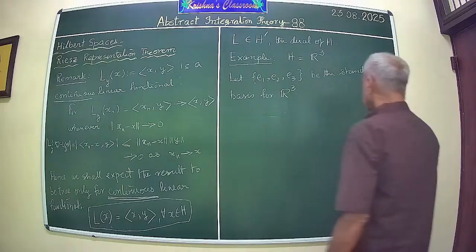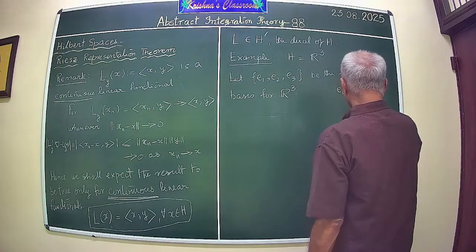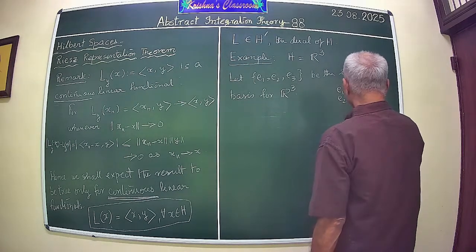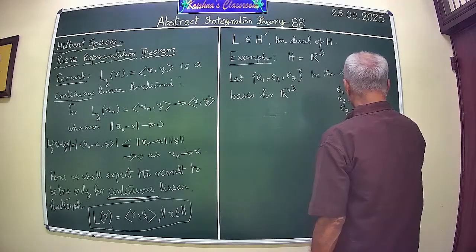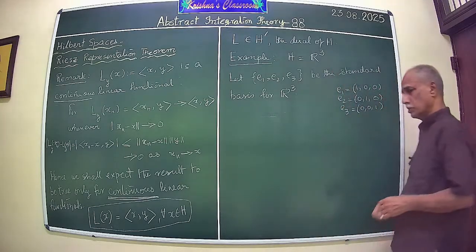So that is E1 equal to (1, 0, 0), E2 equal to (0, 1, 0), E3 equal to (0, 0, 1). It's an orthogonal basis also.